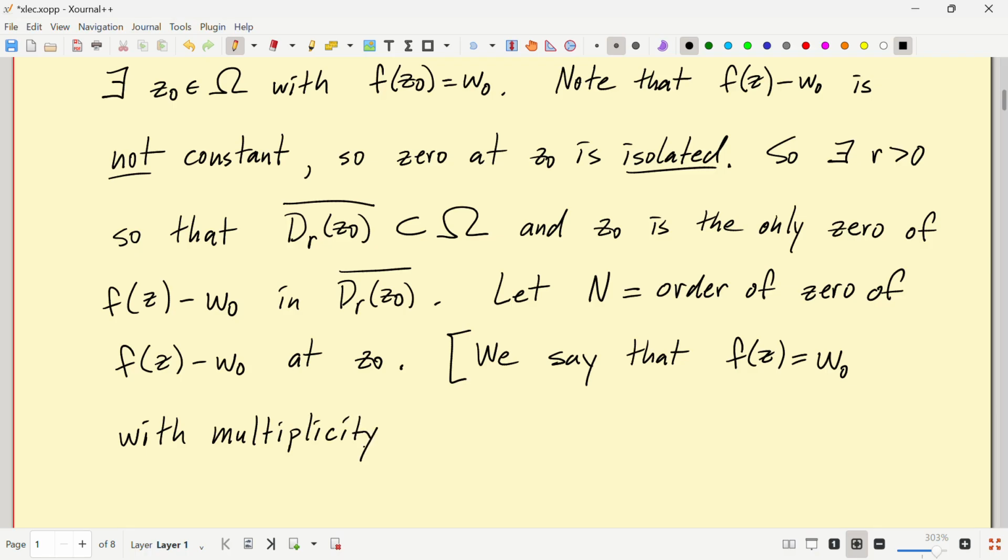So it's like a double zero. If n equals 2, then this is hitting w naught twice. That's the way we think about it.